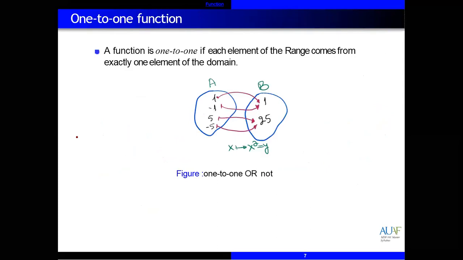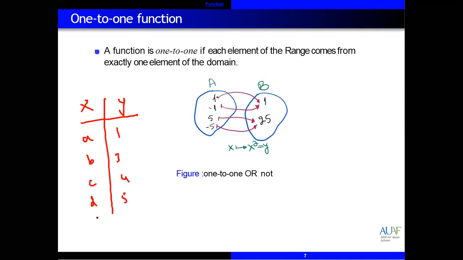A one-to-one function is one where each element of the range, I'm talking about the range, the y set, comes from exactly one element of the x set. That's called a one-one function. Like, x and y, and let's suppose A with 1, B with 3, C with 4, D with 5, and E with 10.